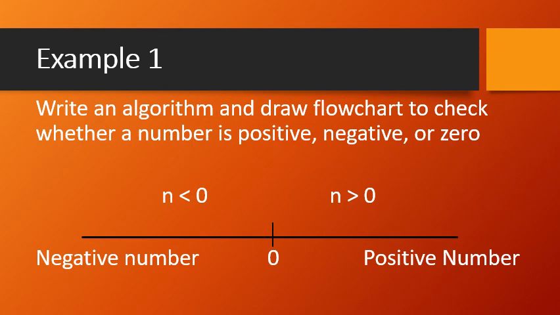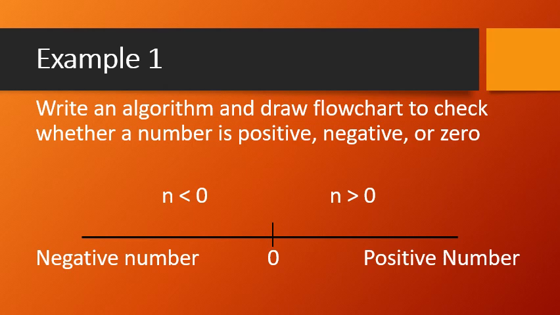If so, it is a positive number. If not, we will check another condition, whether that number is less than 0. If that is true, then definitely the number is negative. If that is also false, then definitely that number should be 0. So either it is positive, if not negative, if not, then it will be 0.